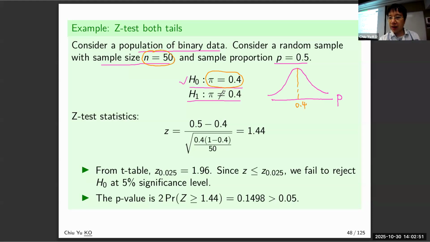So we already know that the variance is 0.4 times 1 minus 0.4 over 50. If you want the standard error, just take the square root. This is the standard error of p, or sometimes we call it SP.